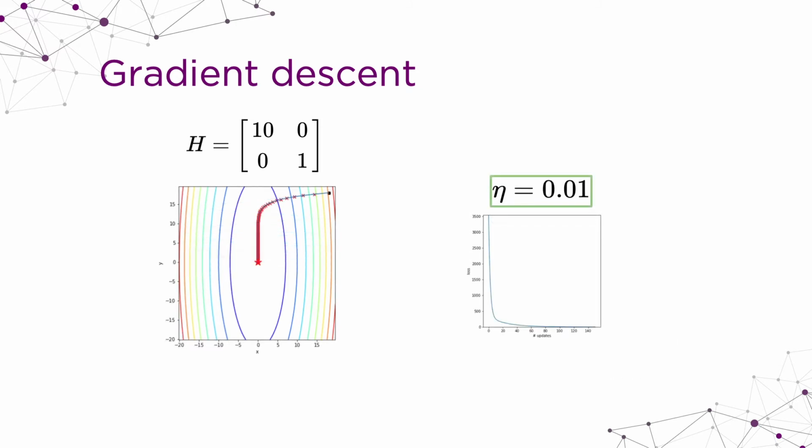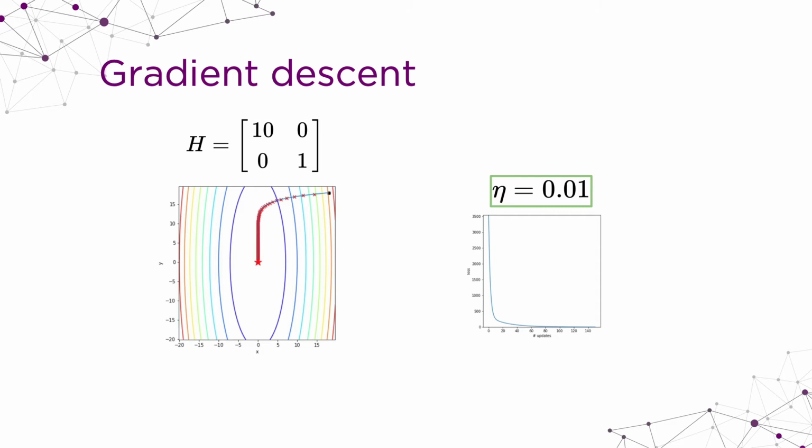So one solution is to divide the learning rate by 10, to 0.01. If the direction is too long, I just have to decrease the length of this direction. So I will use a learning rate that I will divide by 10, 0.01. And this is the learning dynamic I will have. At the beginning, it will be relatively fast.